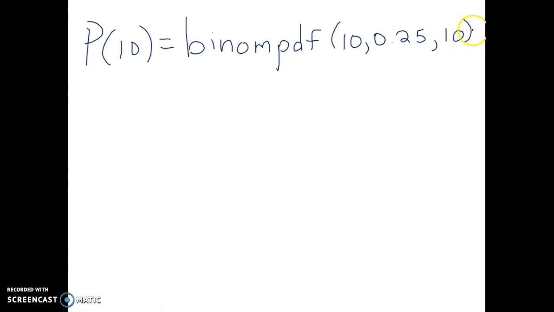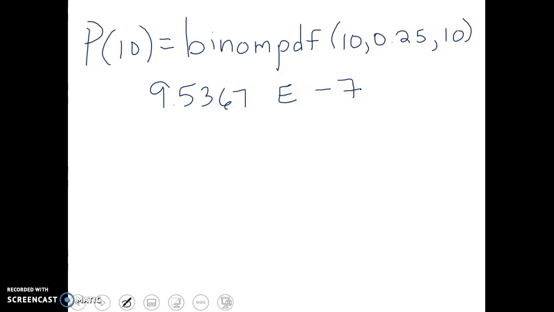We're trying to see if all the hamburgers would have winning tickets. So we type in 2nd VARS, binomPDF, 10, 0.25, and 10, and we will get 9.5367. It keeps going, but I rounded to 4, E to the negative 7.